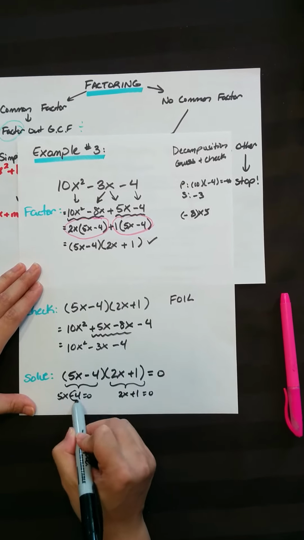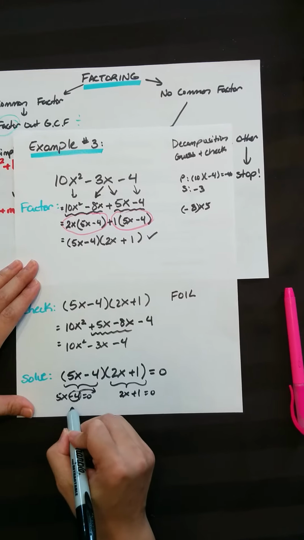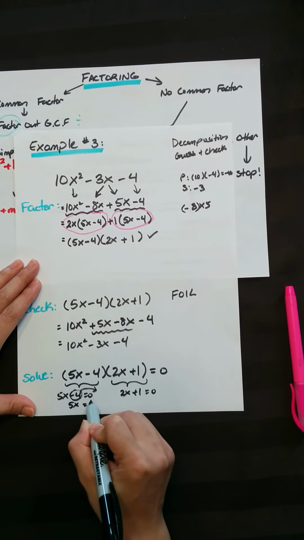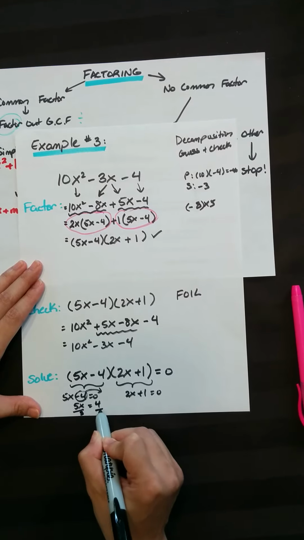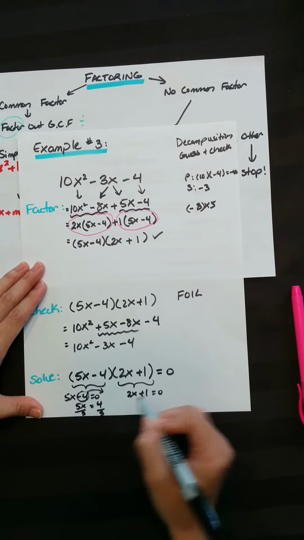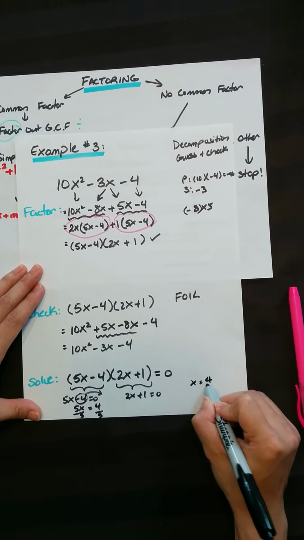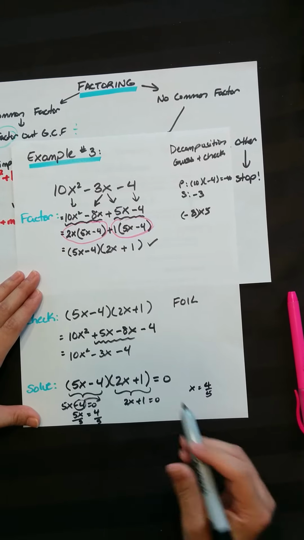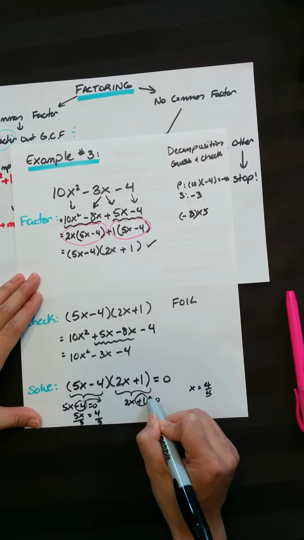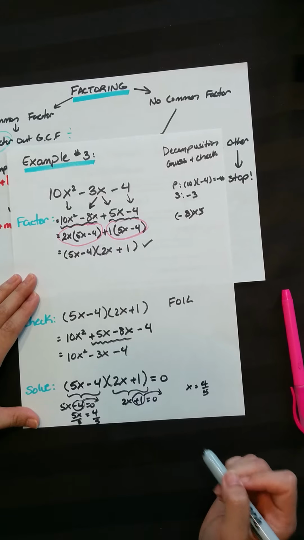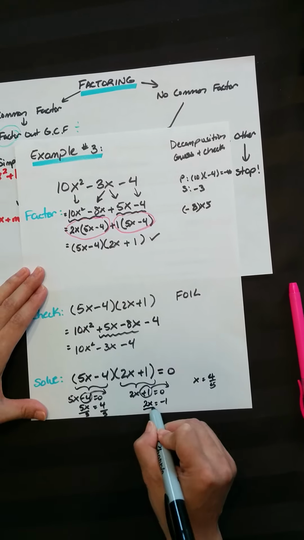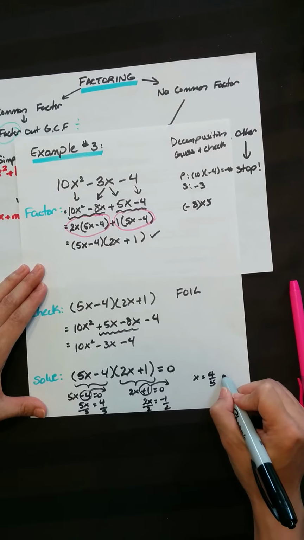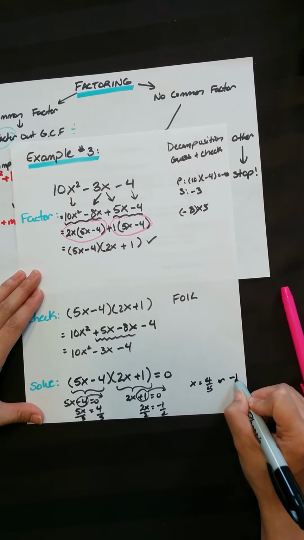Okay, so bring the 4 over first, not the 5. 5x equals positive 4, and then that last step, divide out the 5. So your answer over here is 4 over 5. Okay, and for this one, bring the positive 1 over. You get 2x equals negative 1, and then divide by 2. So your other answer is negative 1 over 2.